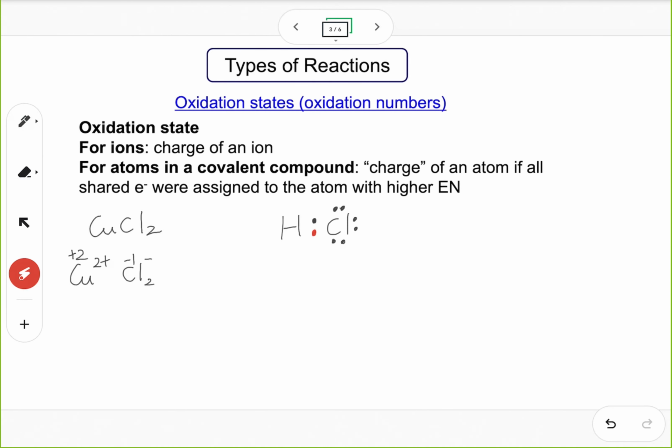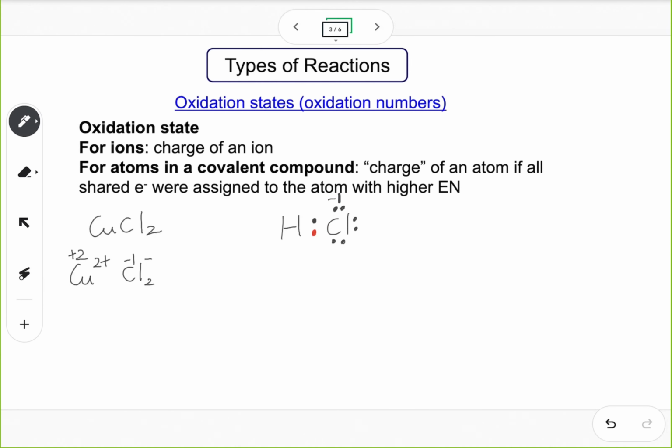Since it gets 2 electrons here, both shared electrons, it gains one more electron than its valence electrons. Therefore, it's going to be labeled as -1 as the oxidation state. It's like hydrogen will lose 1 electron to chlorine, so chlorine is labeled -1.